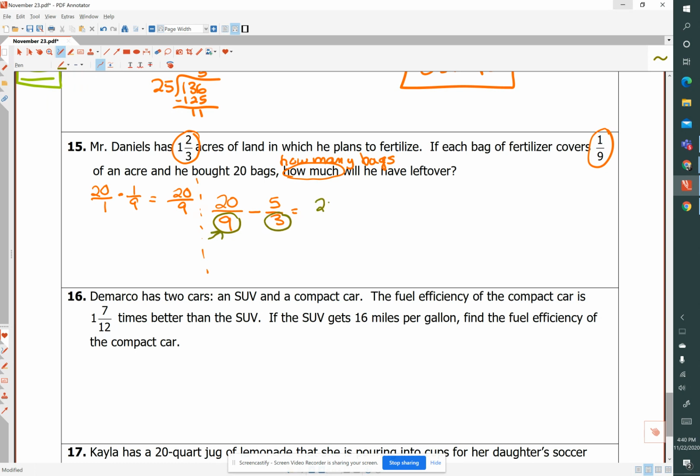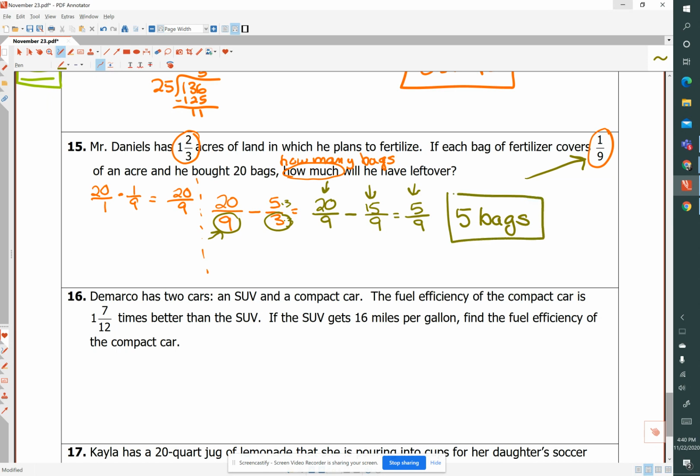So we'll rewrite this problem: 20/9 minus, now 3 times 3 is 9, so 5 times 3 is 15. 20/9 minus 15/9 is 5/9, which means if each bag covers 1/9, how many bags will he have left over? This is how many bags he started with. This is how many bags he used. This is left over: 5 bags.